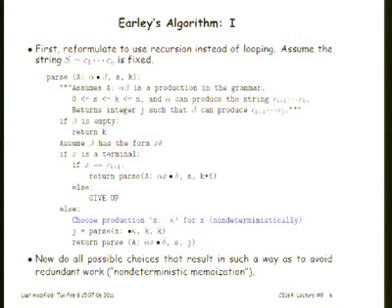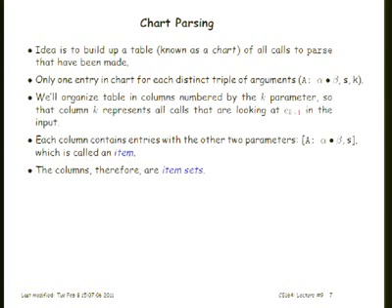But by so doing, I've now made it possible to use a technique from 61A called memoization, except we're going to do memoization on a grand scale. This chart here, it's traditionally called a chart when you talk about these algorithms.